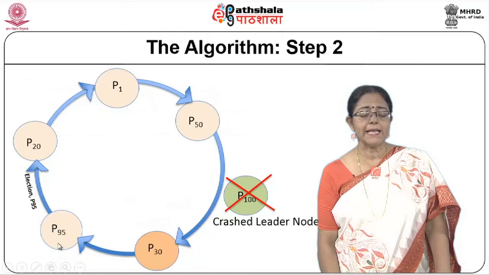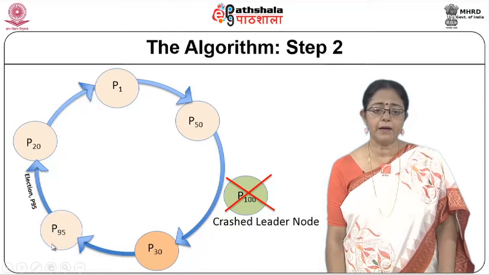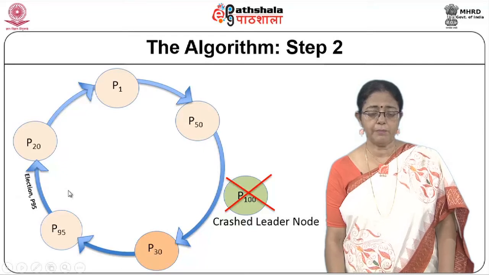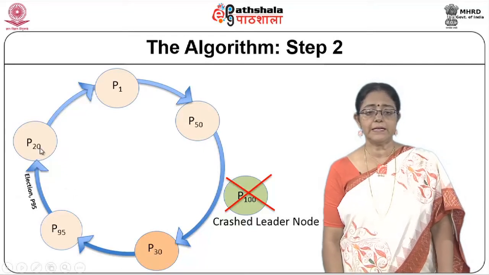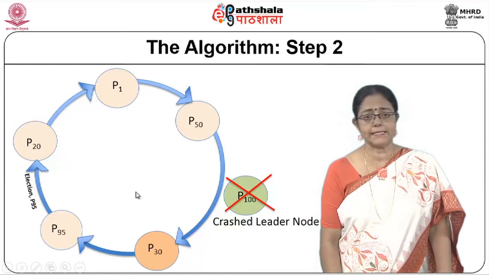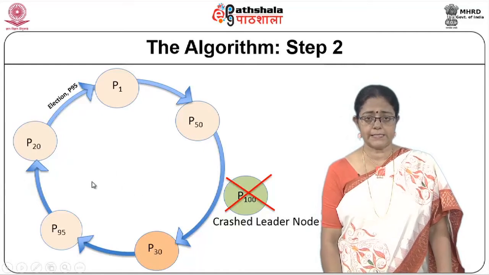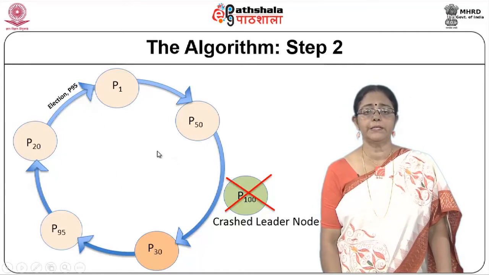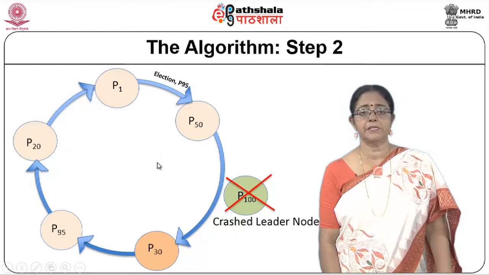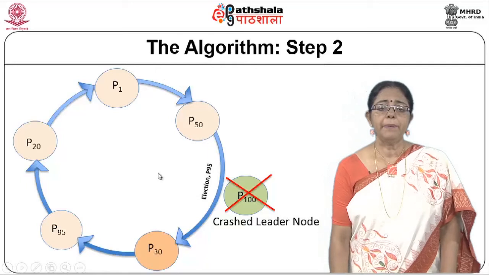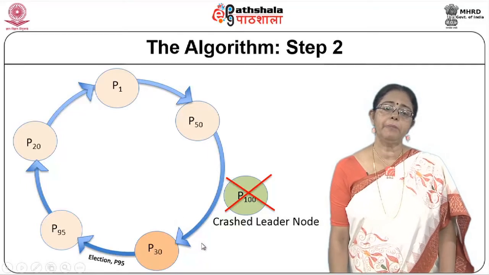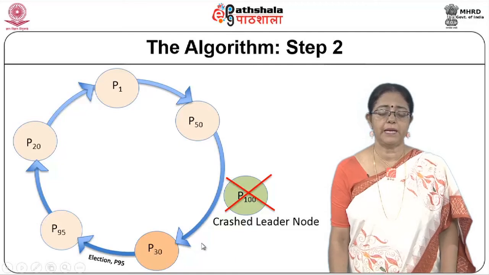In this case P95's id is bigger, so the message is changed by P95 saying election comma P95. Now, P20 will receive the message election comma P95, but P20 has lower priority, so it will simply forward the message to the next node. P1 similarly will forward the message to the next node. P50 will also forward the message to P30, and P30 also will forward the message to P95.